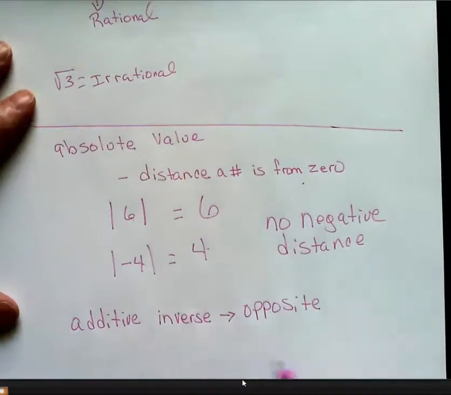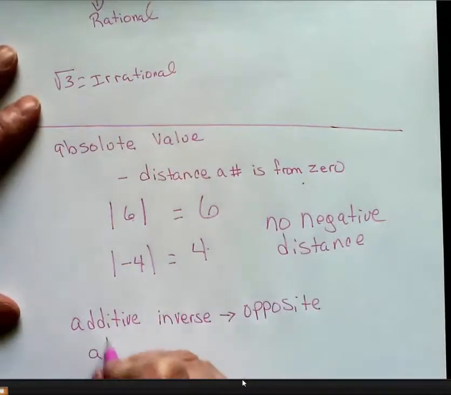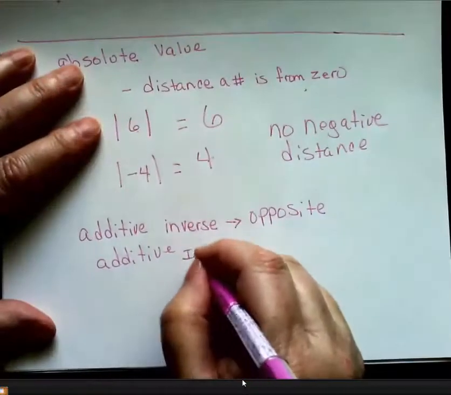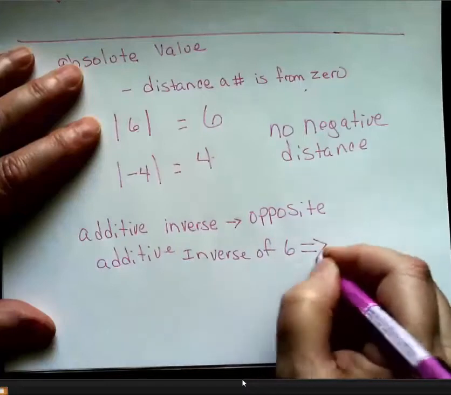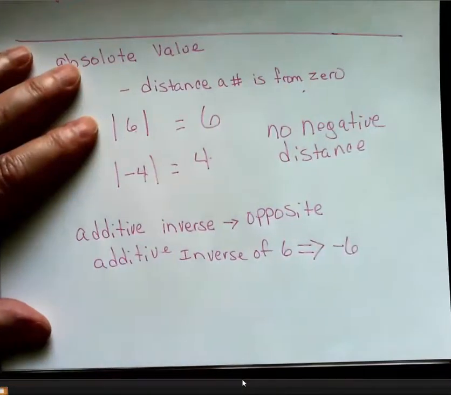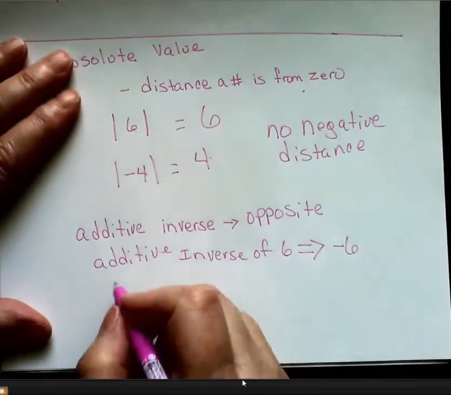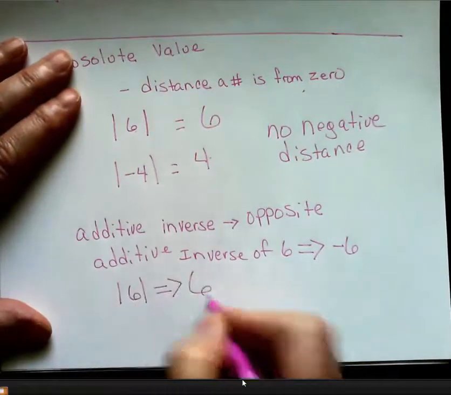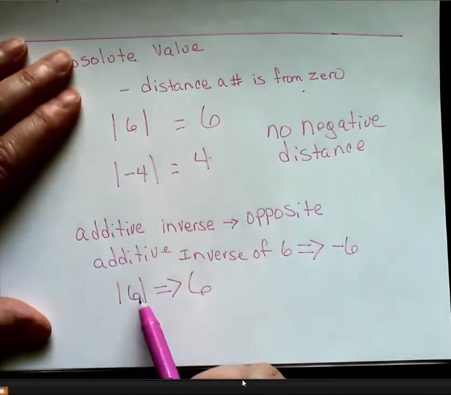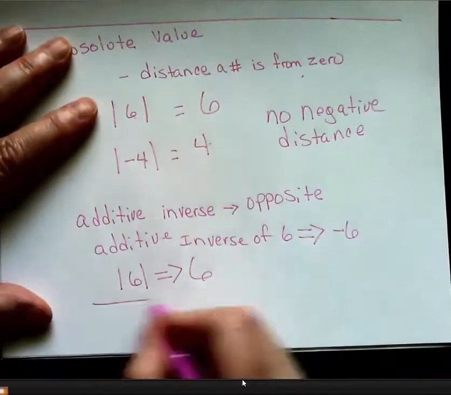So if I ask for the additive inverse of 6, that would be negative 6. If I asked for the absolute value of 6, that's 6. So this is where it gets tricky.